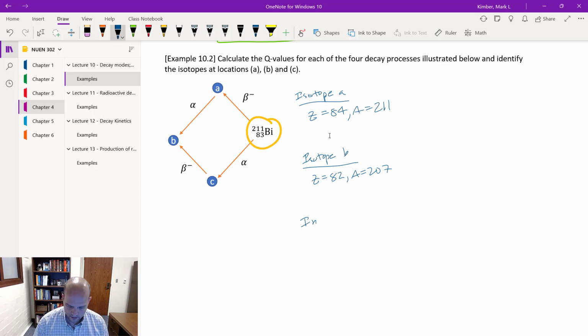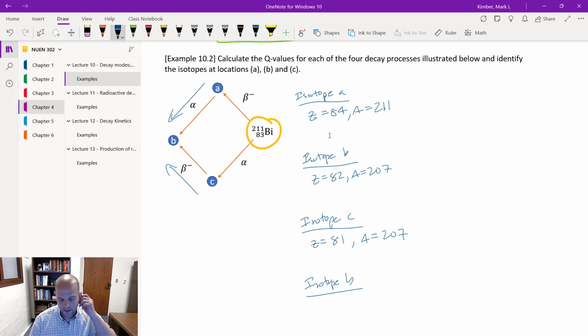And let's look at isotope C. If I go from bismuth down, an alpha decay, my Z is going to decrease by 2, going from 83 to 81. And my number of nucleons decreases by 4 from 211, so that goes to 207. And then finally isotope B, which I could arrive at from C, or I could arrive at from A, and I should get the same thing.